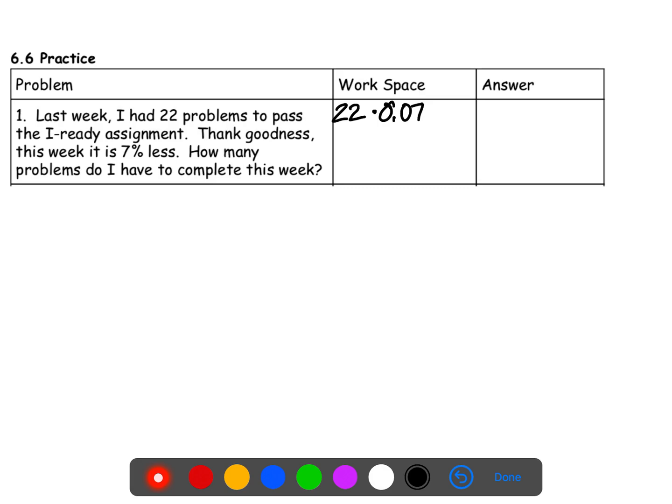We can do that, but that's only going to tell us the decrease of questions. This doesn't logically make sense here because we're going to have a decimal, 1.54 questions. But then what we're going to have to do is the next step, which is removing it from the total number of questions so that we can get our answer. That's okay to do.